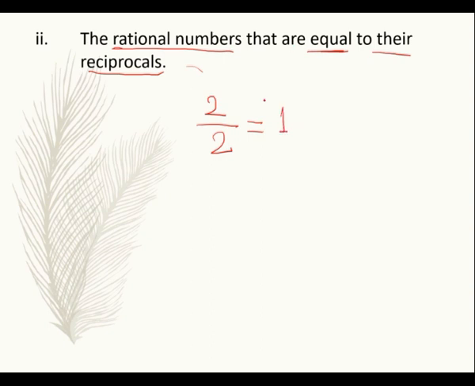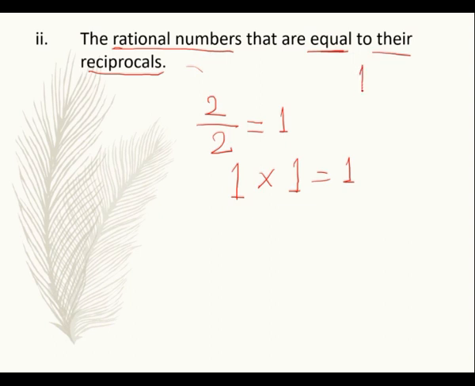That means, what is reciprocal of 1? That is 1 itself. Therefore, 1 when it is multiplied by itself gives 1, means 1 is reciprocal of itself. Therefore, I can say rational number 1 is equal to its reciprocal.